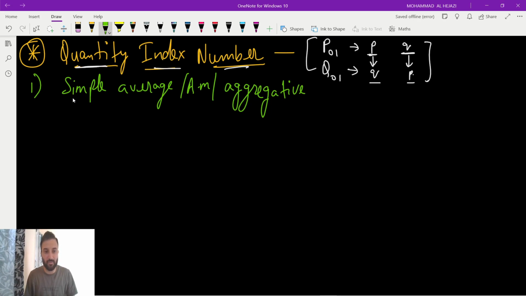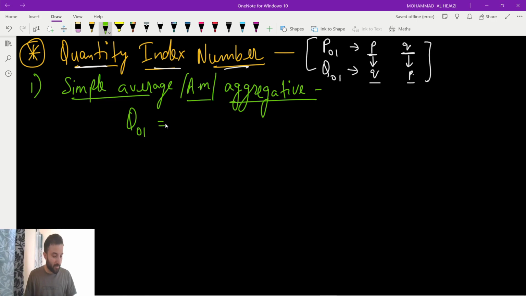Because this is for the quantity index number, we write it as Q01.